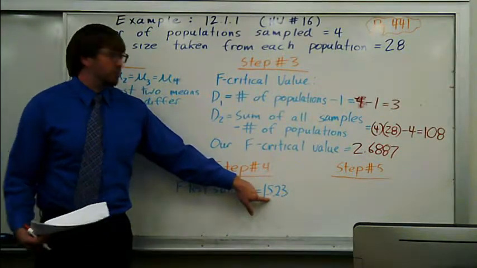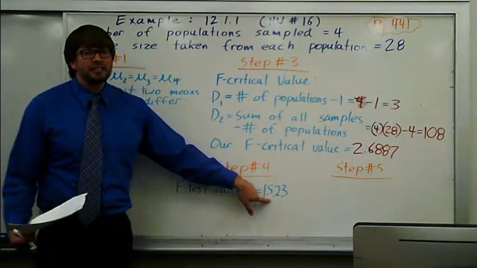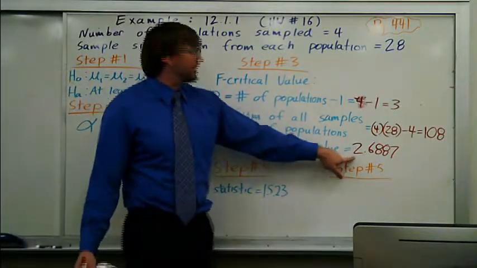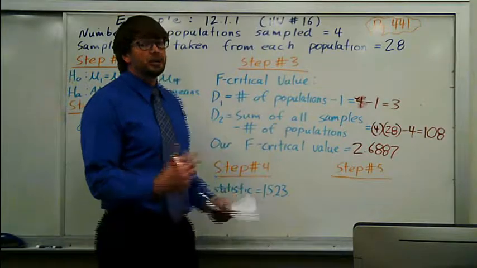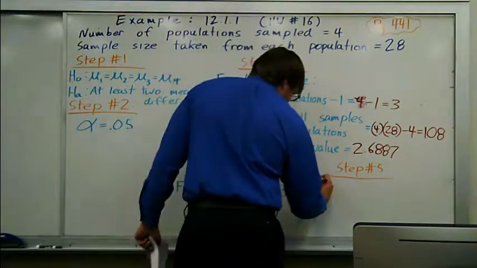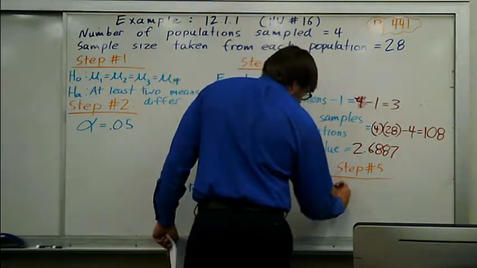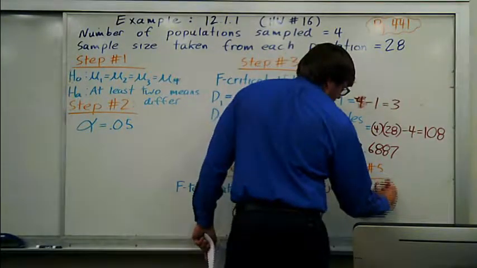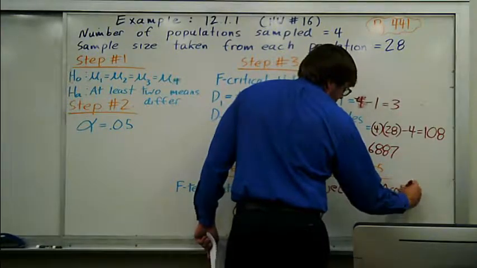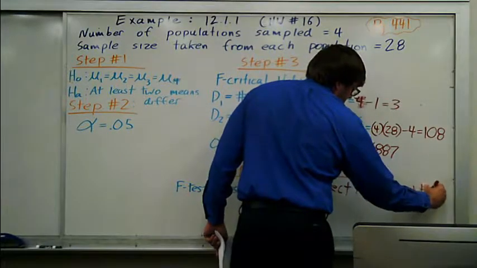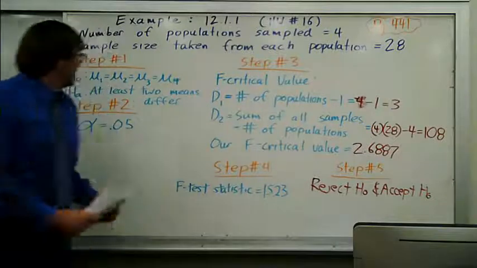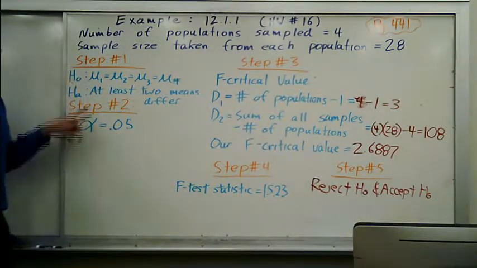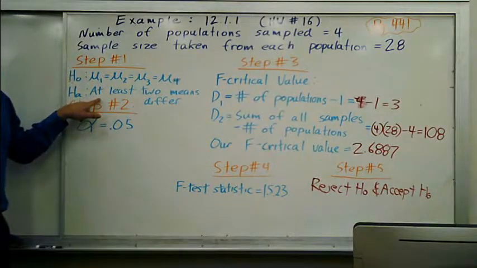Now step number 5 is to make the decision finally. Since our F test statistic is greater than our F critical value, we can reject the null and accept the alternative. So at the 5% significance level, there is evidence to suggest that at least two of the population means are different.